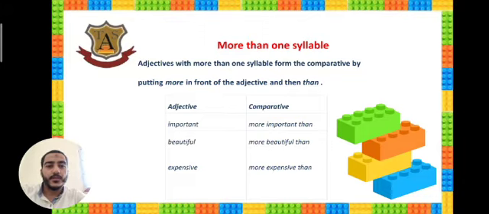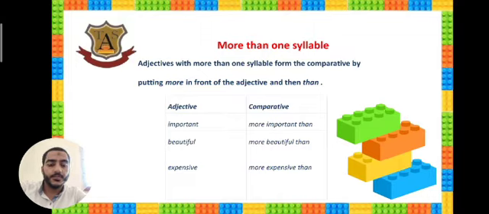So to make a comparison between two objects, we have to add the word more before the adjective, then the adjective, then than. More important than.